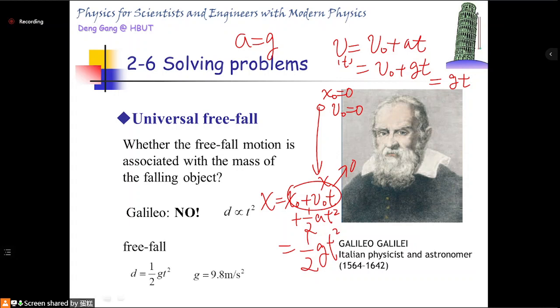Because the displacement is proportional to t squared, and here g is the acceleration near the surface of the Earth due to the gravity and motion of the Earth, and usually it's about 9.8 meters per second squared. Sometimes you can use 10 for a rough calculation.